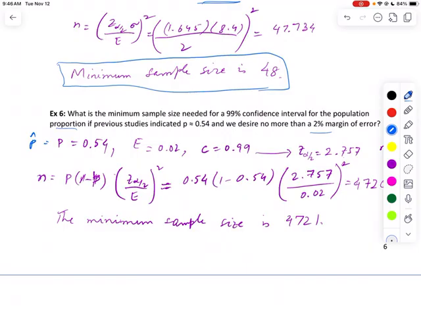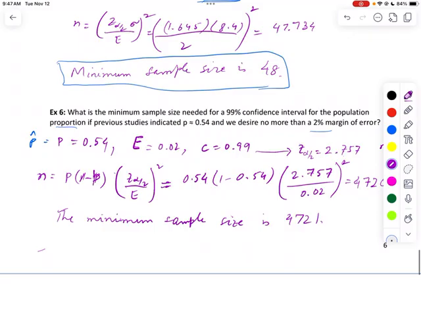So P is 0.54, the error is 0.02, and the confidence level is 99% or 0.99, so the z alpha over 2 will be 2.757 from the critical values table. Plug it in this formula, the one for the proportion, and plug everything into your calculator.